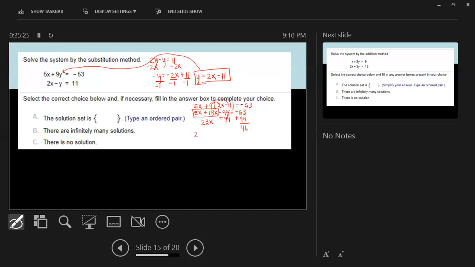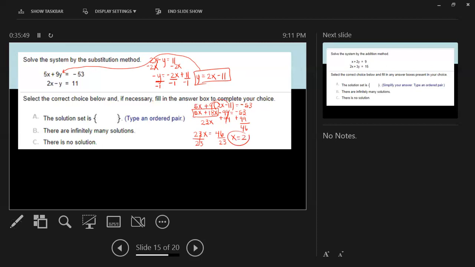So I'm left with 23x is equal to 46. All right, so now I'm going to divide each side by 23 because the 23 and the x together implies multiplication. And so I need to do the inverse, which is division. And so when you do 46 divided by 23, x is equal to +2.